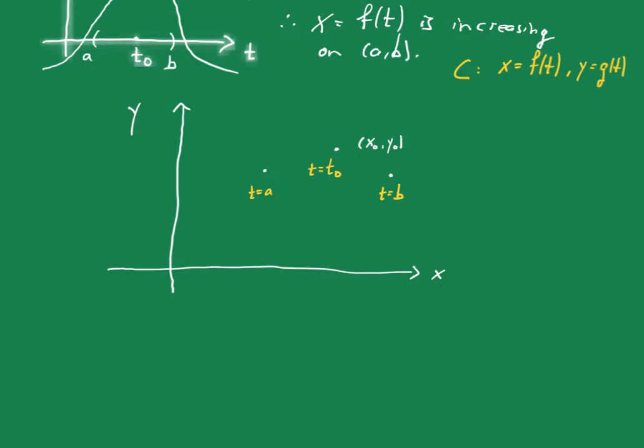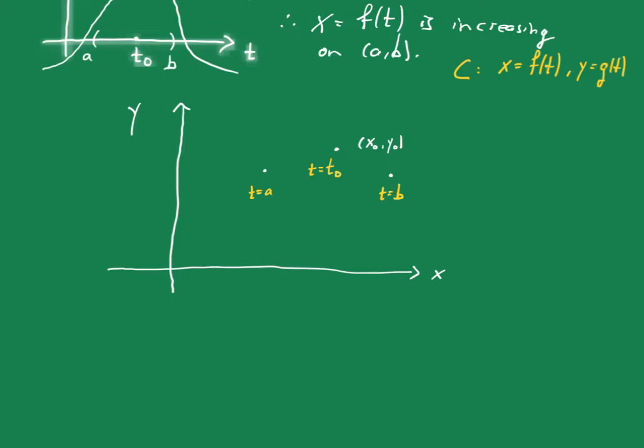Suppose that at a, that's this a right here, we have this point here on our parametric curve, and this is our point on the parametric curve corresponding to t equal to b. Now, as we just said, we have that x, our x-coordinate, x equal to f of t, is increasing everywhere on the interval a, b.